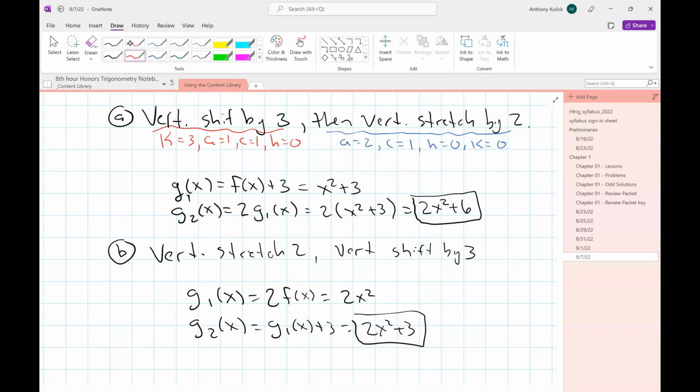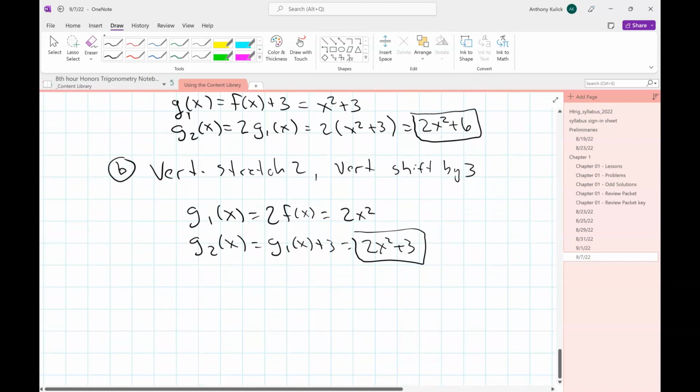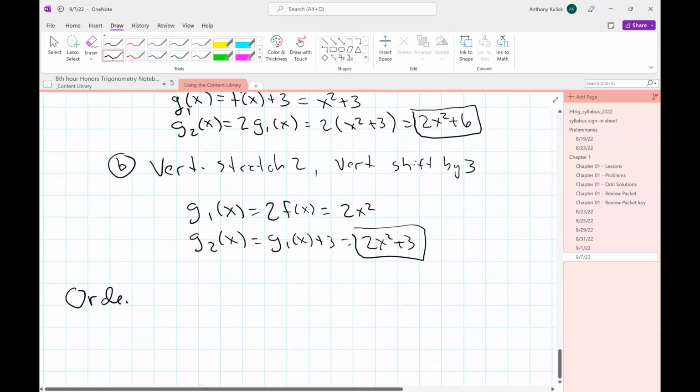So this leads to the question, when we talk about a transformation, what should the order be when we describe these things? If I'm describing multiple transformations going on at the same time, the order in which I'm describing them matters, right? So we need to agree upon an order.